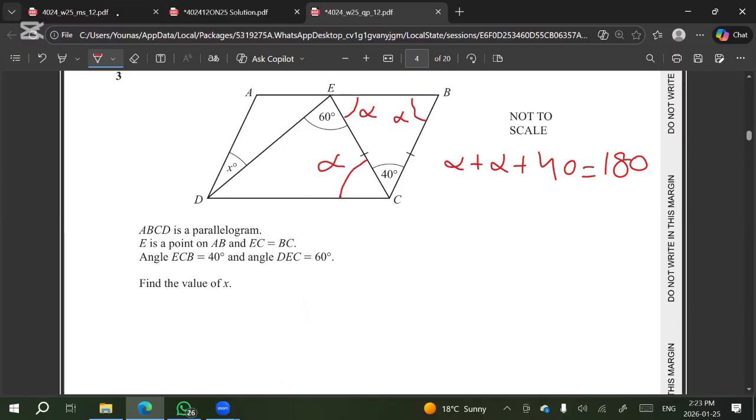So once you know 60 and alpha, then you can find this angle. Let me call it beta. Once you know beta, you know that in the parallelogram, this angle and this angle will be equal to each other. The reason is the angles in the opposite corners in the parallelogram are equal to each other. So this is how you will find the value of x.